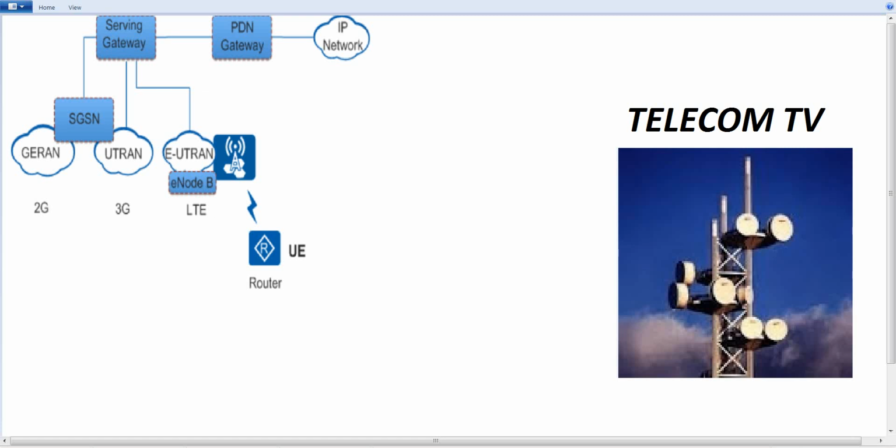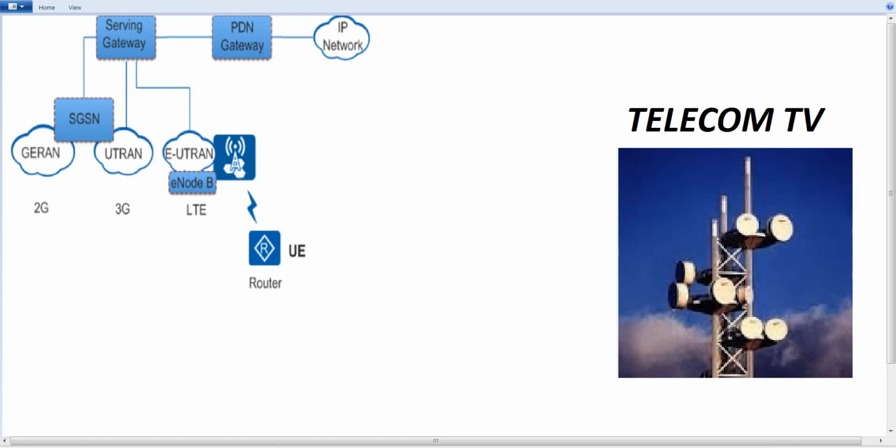This single-layer architecture shortens the system delay and reduces the cost of network construction and maintenance. The PDN gateway, the packet data network gateway, connects the user elements to an external PDN. The serving gateway routes and forwards data packets and manages user mobility, as well as mobility between LTE and 3GPP.